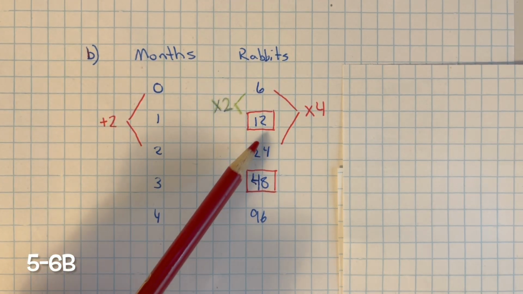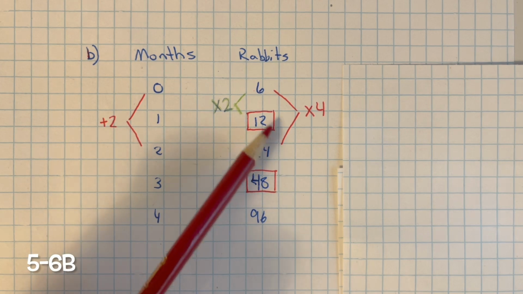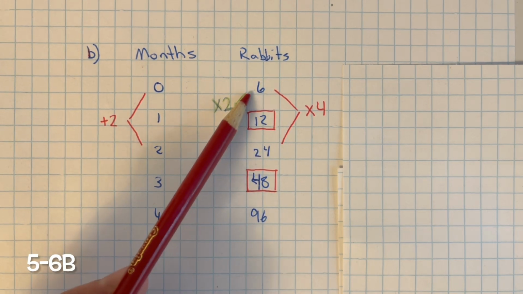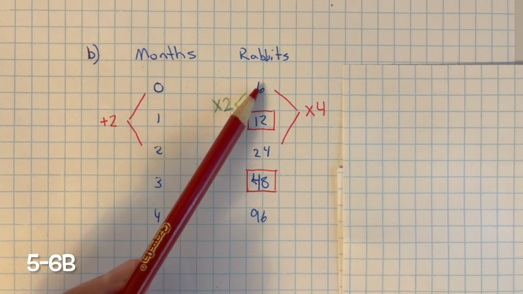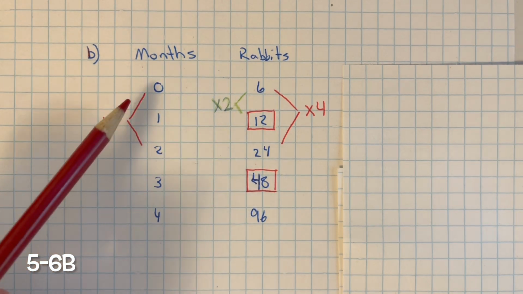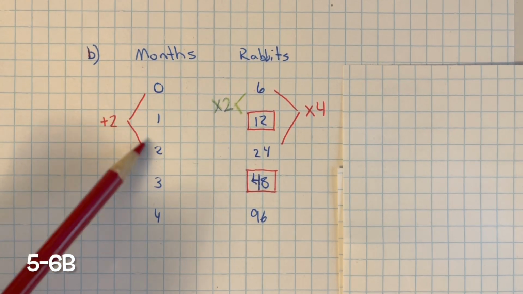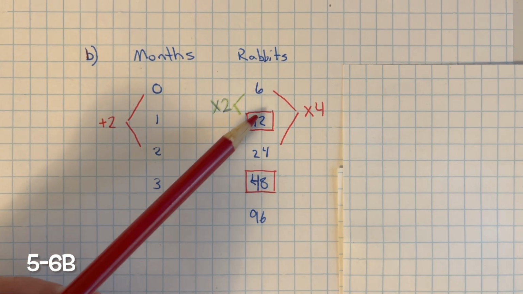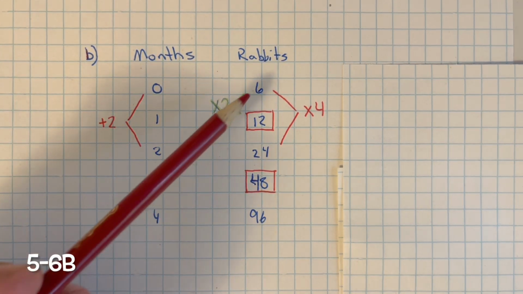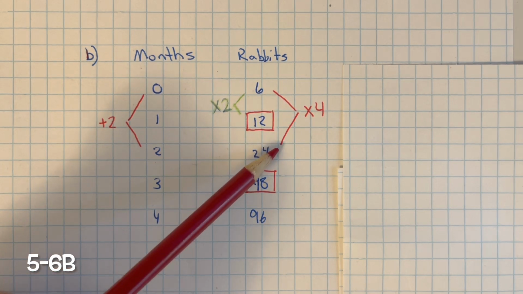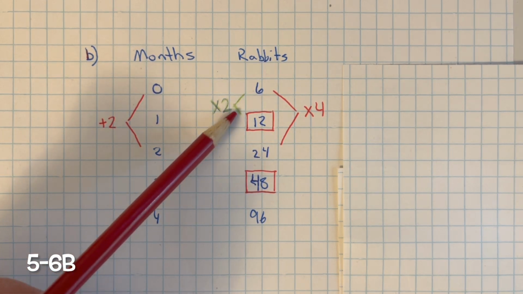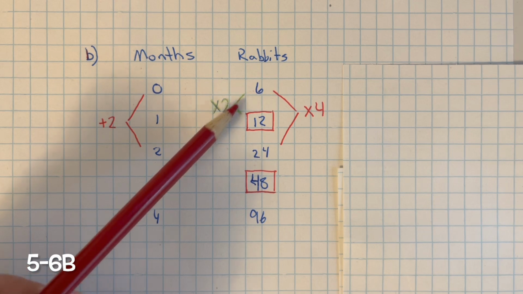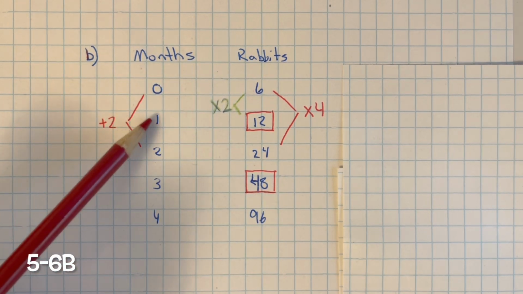Well, if we take half of it, and we only increase it by 1 month, multiply by 2, 6 times 2 is 12. Because half of 2 is 1, half of 24 is 12. And now we know the growth rate. It's multiplying by 2 for every 1 month.